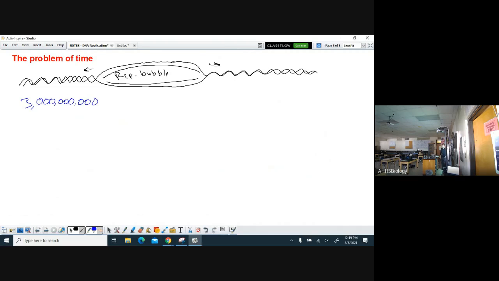What number is that? 3 billion, good. 3 billion base pairs. From here on out, I would like to abbreviate that as BP in the human genome. That is the DNA in every cell, okay?